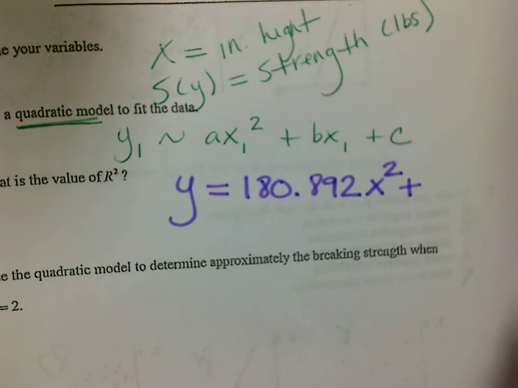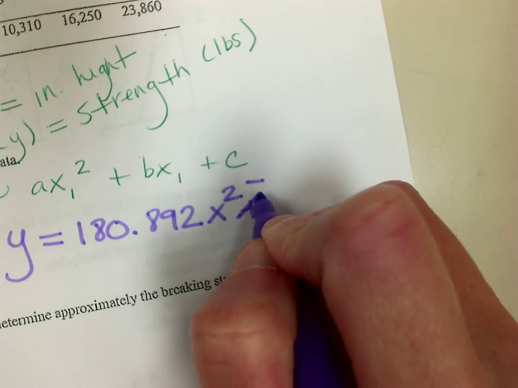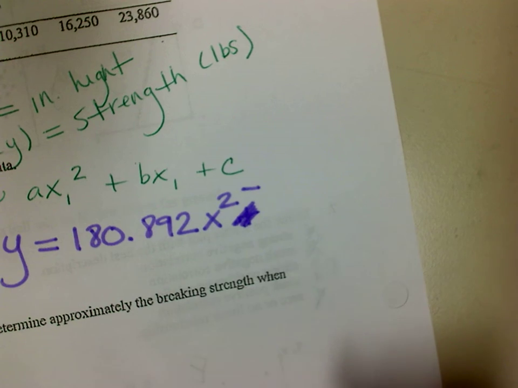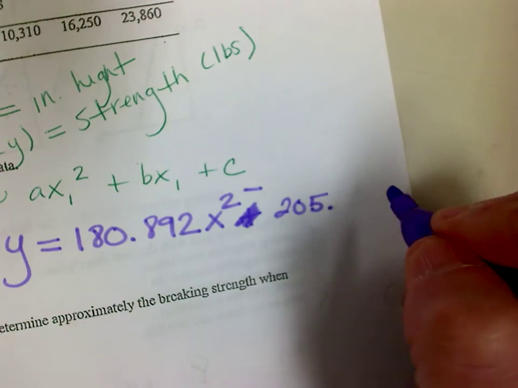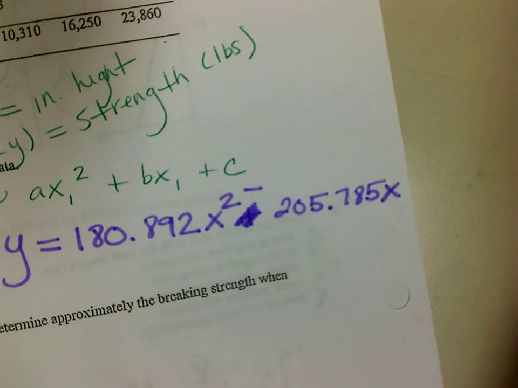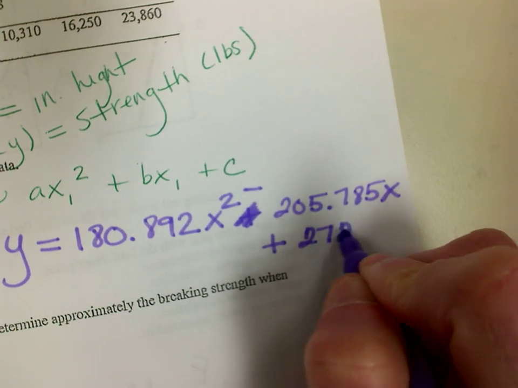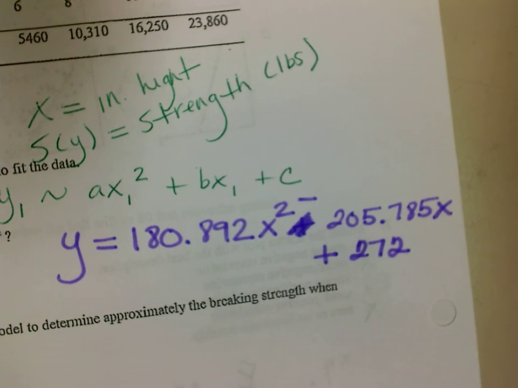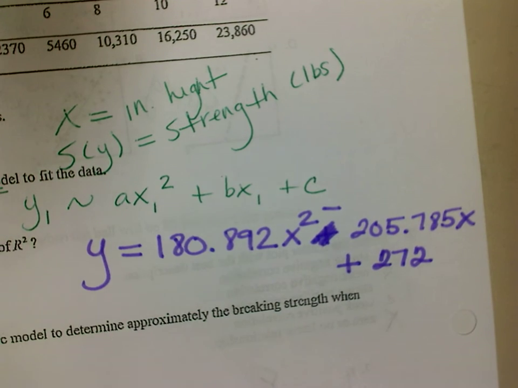The B value is actually a negative, so you should put minus instead of plus, 205.785x, and then plus C, which is 272. That's what you should have gotten after typing this into your second box of Desmos, which I can't show you because I'm using my phone.